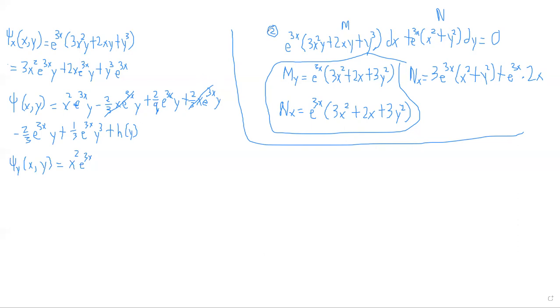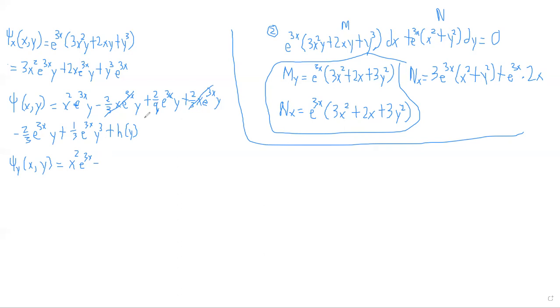I think I made a mistake somewhere. 2/9 minus 2/3, that is equal to 4/27. Okay, no, let's do it this way.